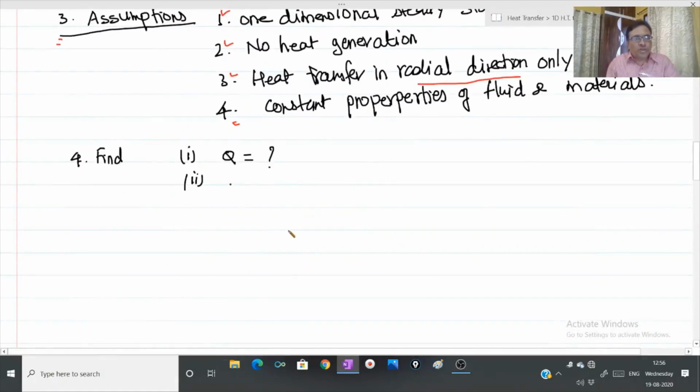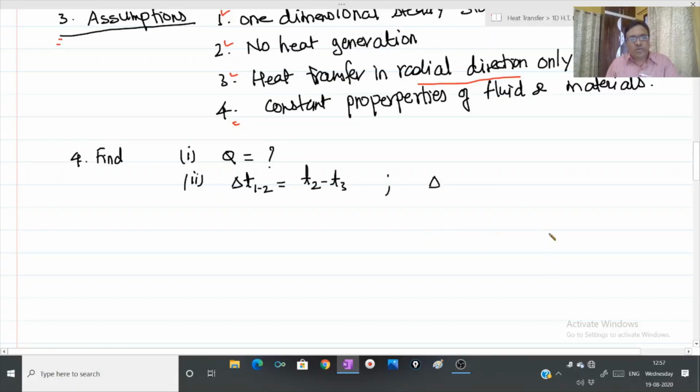We are supposed to calculate the temperature drop at the interface between the spherical vessel and insulation 1, which is nothing but T2 minus T3.